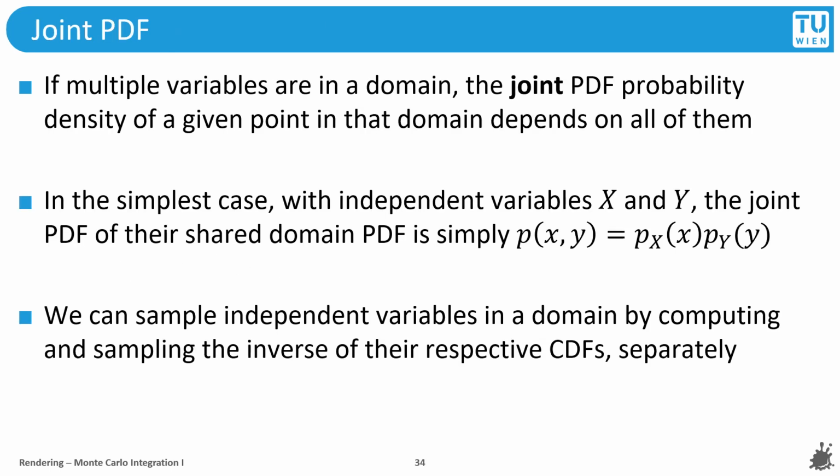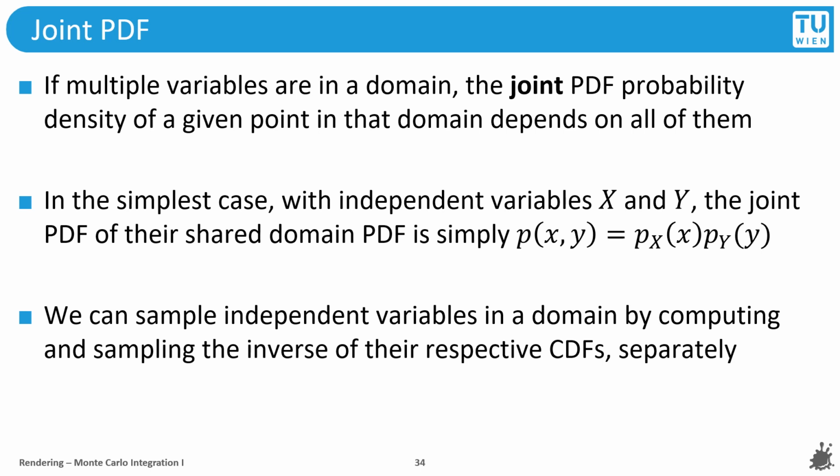In a domain with multiple random variables, every possible outcome is a combination of the values that the random variables can take on. Therefore, we define the joint PDF for any such combination that defines a point in the shared domain.